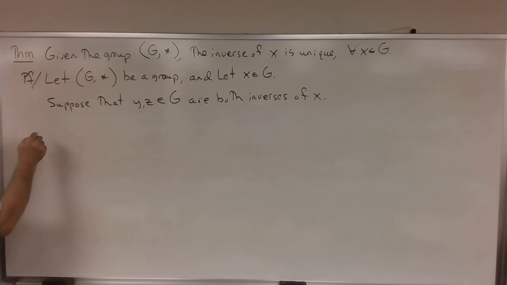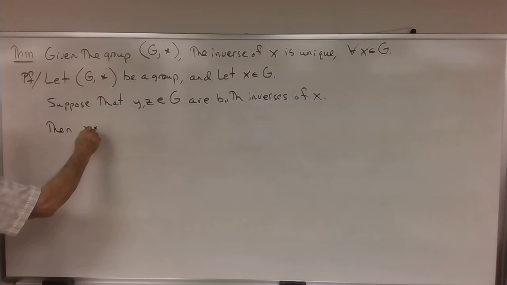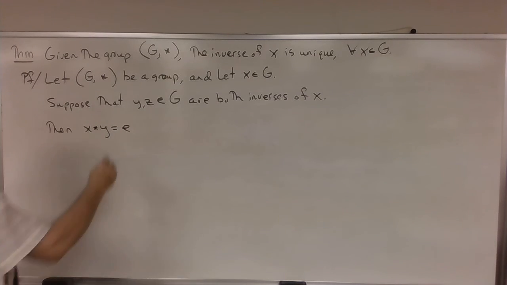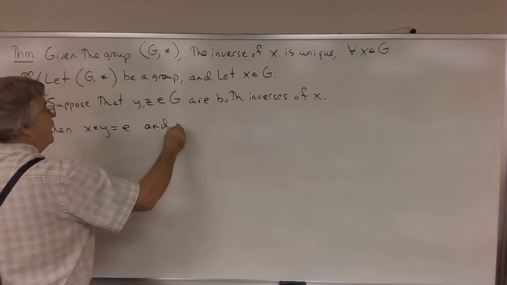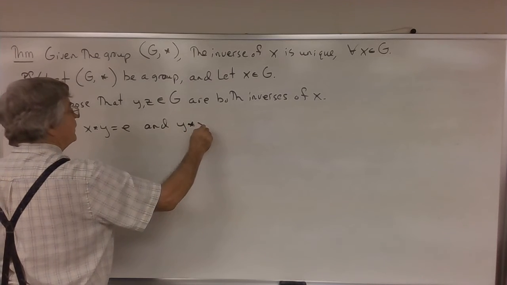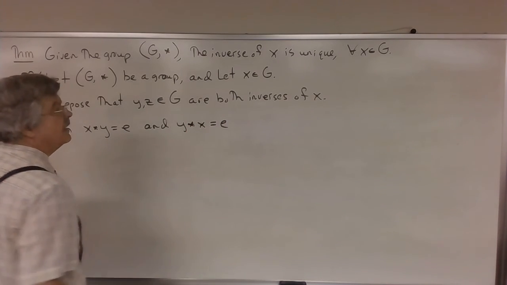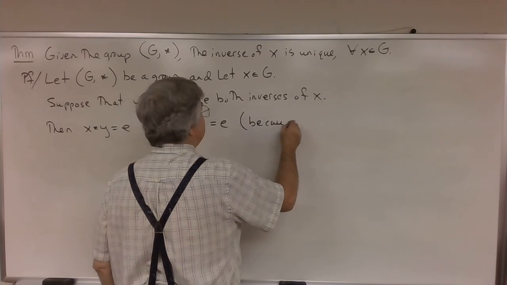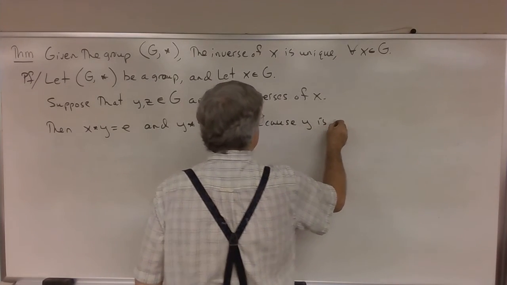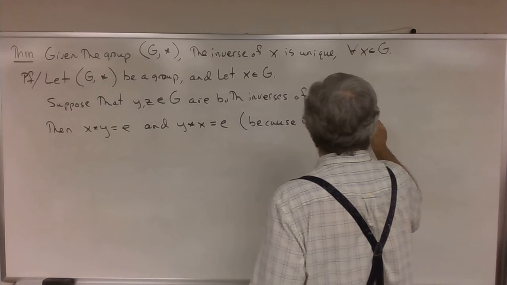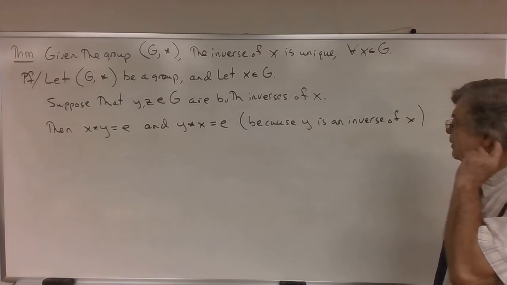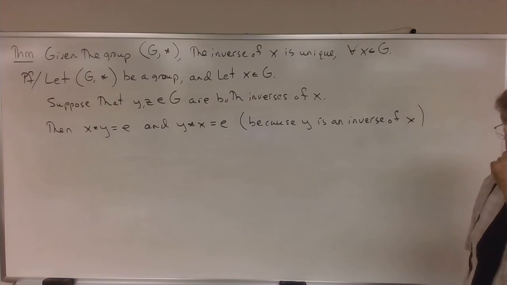Now, since Y is an inverse, X star Y has to equal the identity, and Y star X has to equal the identity. And the reason is because Y is an inverse of X, and we're using the definition of inverse.